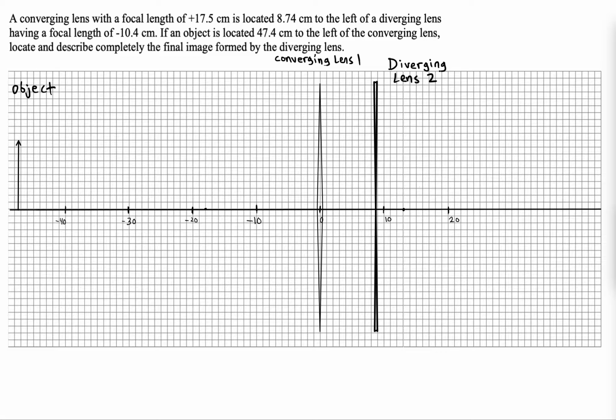Alright, I want to put the focal points down first of all. So we have to go 17.5 centimeters to the left of our converging lens and 17.5 centimeters to the right of it. So that's right about here.